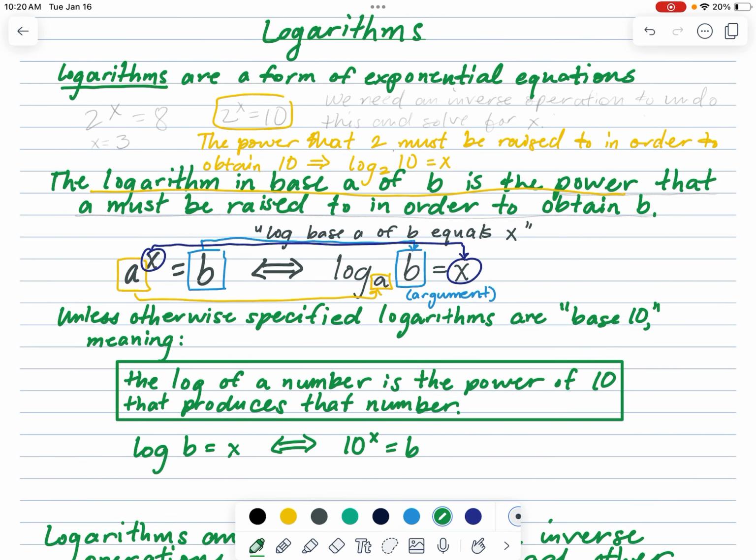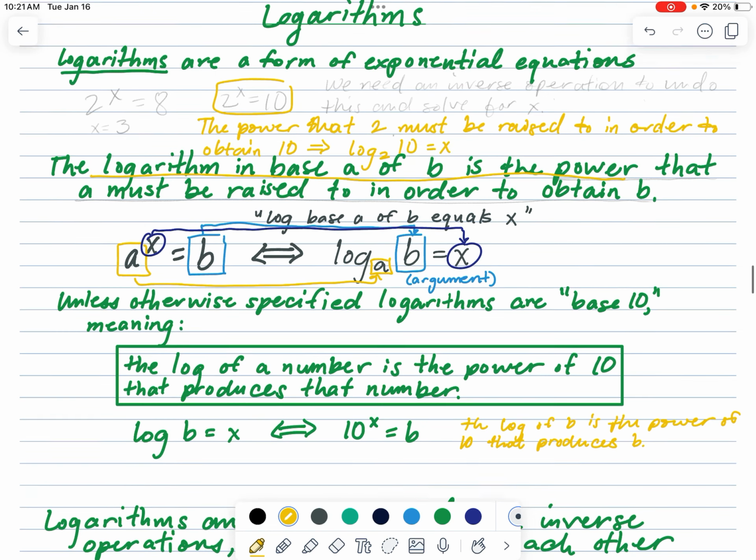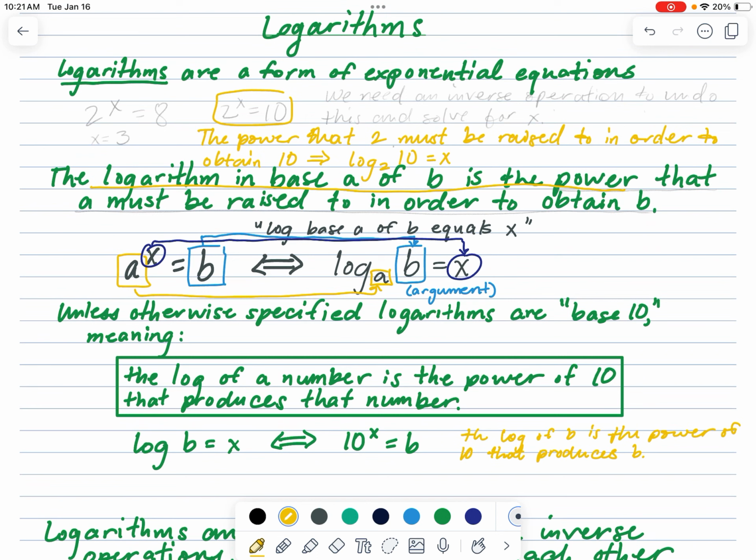So in this case, I'm going to just write that statement. The log of b is the power of 10 that produces b. We might have a specific example of that.